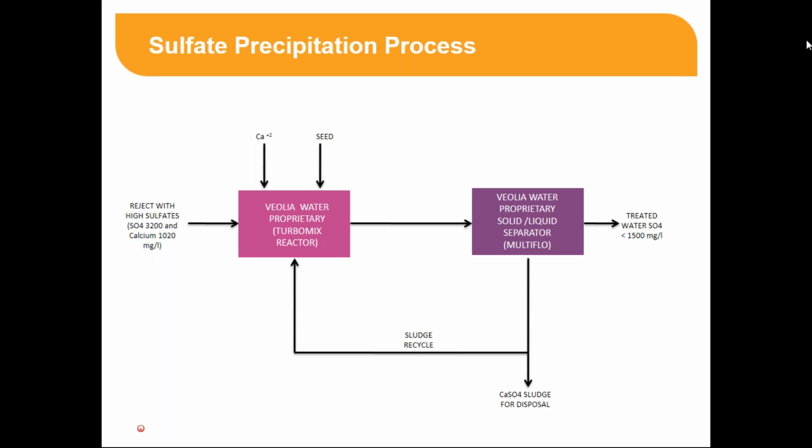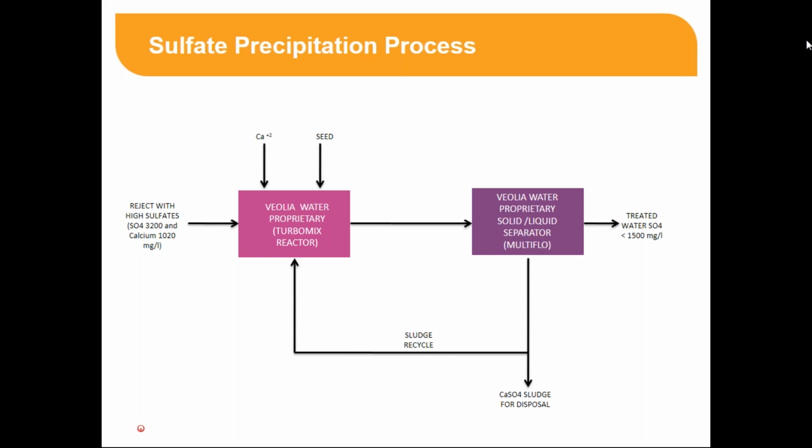It also improves sludge crystal growth kinetics, and it improves our sludge settling characteristics. The effluent from the reactor went to our solid liquid separator, which we call multi-flow, and a portion of sludge is recycled back to the turbomix reactor, and another portion is sent to waste for disposal.